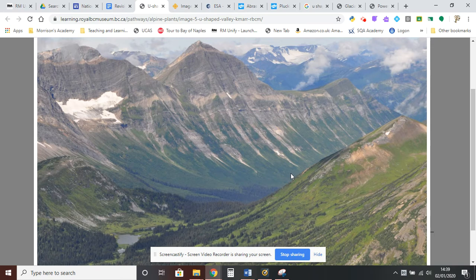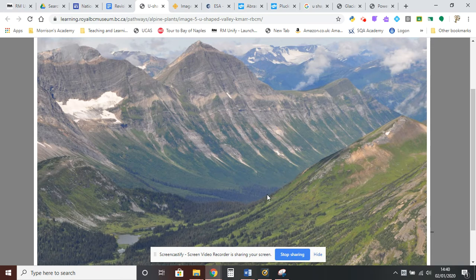Explaining that a glacier has moved into a V-shaped valley, which was formed by a river eroding it before the Ice Age, will get you your first mark. What you can now do is tell me that the glacier itself has formed by layers of snow falling on top of each other over many years and not melting, and therefore the bottom layers compress into ice, forming the glacier. So explaining how the glacier forms itself can get you a second mark.